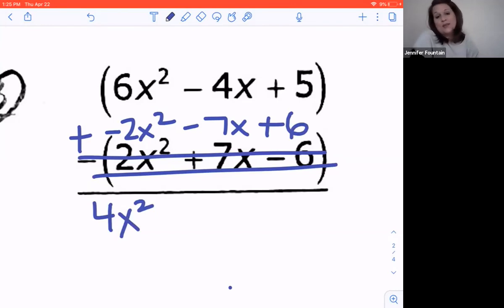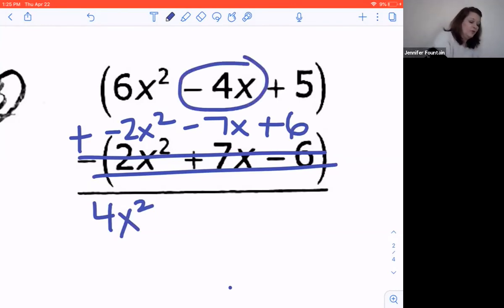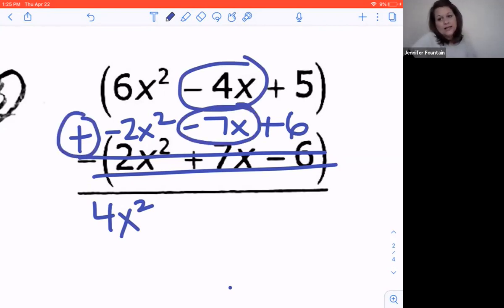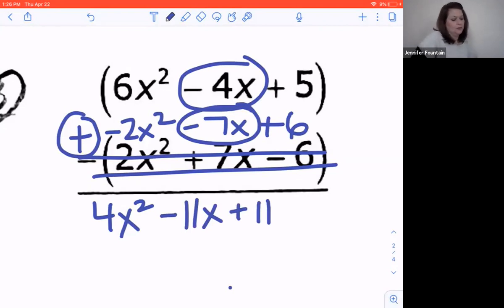Now on the next one, now that I'm adding the opposites, I can see negative 4x plus negative 7x. Now I can see I've got a negative 4 plus a negative 7. So that would be negative 11x. And then 5 plus 6 is plus 11. There's my final answer.